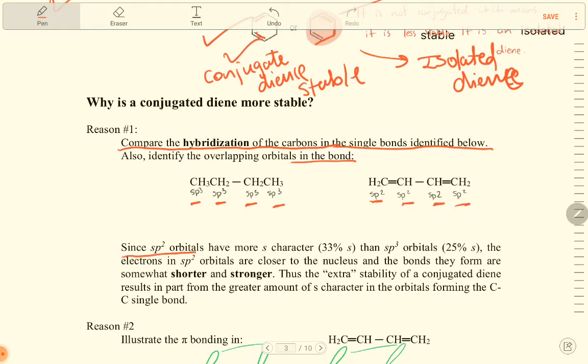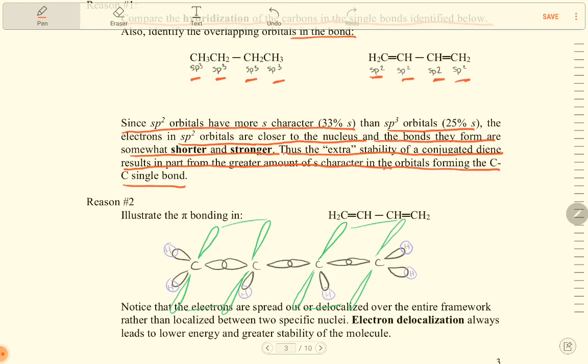Since sp2 orbitals have more s character, 33%, than sp3 orbitals, 25%, the electrons in sp2 orbitals are closer to the nucleus, and the bonds they form are somewhat shorter and stronger. The extra stability of the conjugated diene results in part from the greater amount of s character in the orbital forming the C-C single bond. That's one of the reasons.